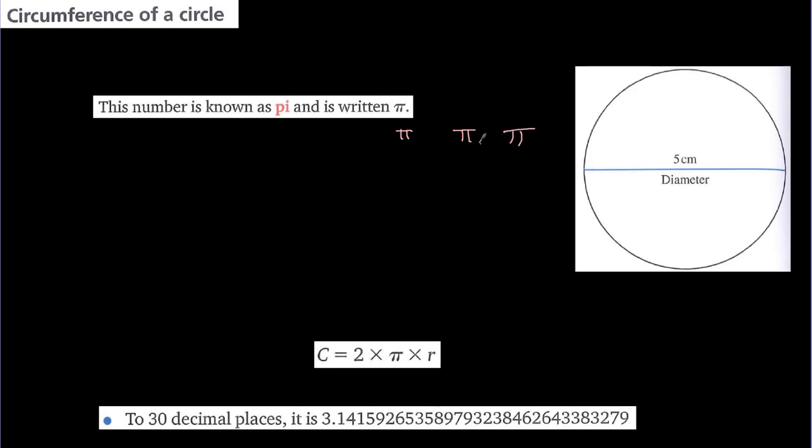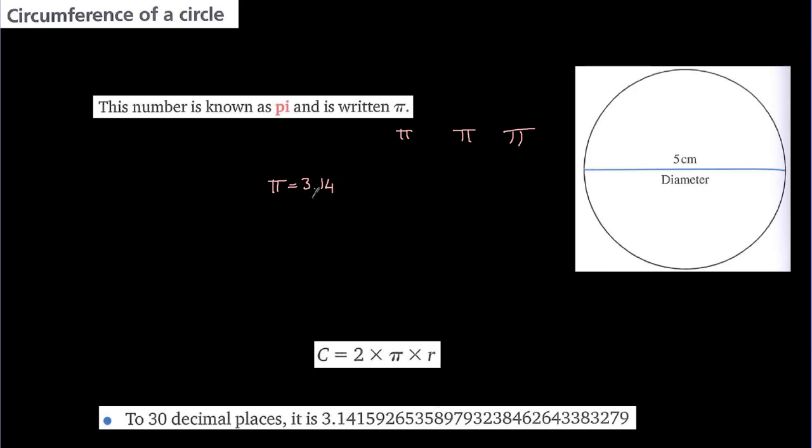When you see this, you are going to understand that it is pi, and pi is approximately equal to 3.14. We are going to use 3.14, not 3 times 14, 3 point 14. This is the approximate value of pi.